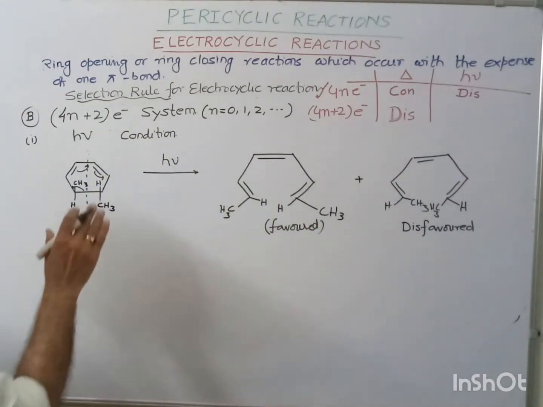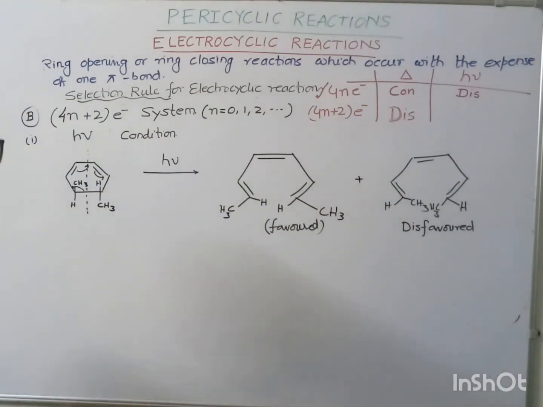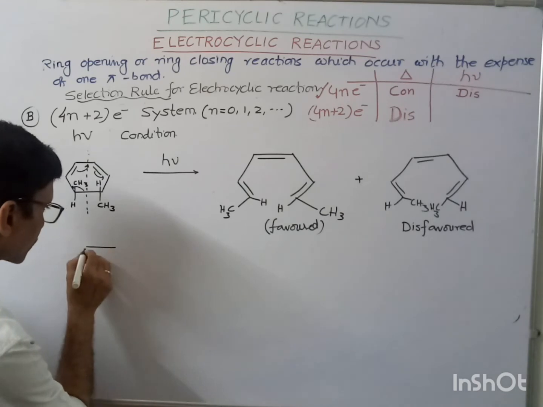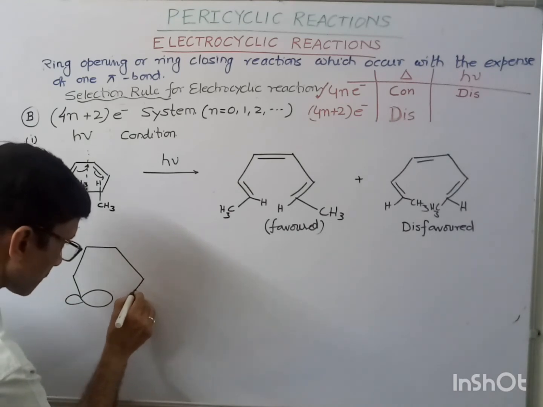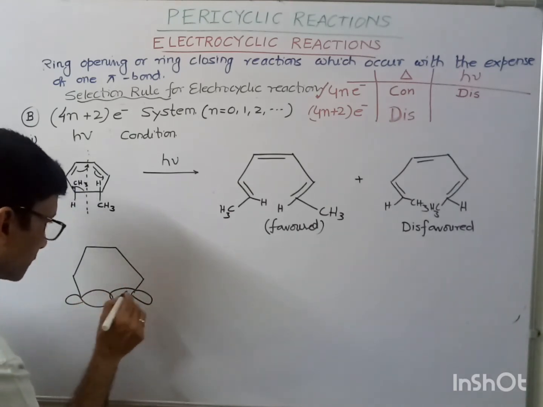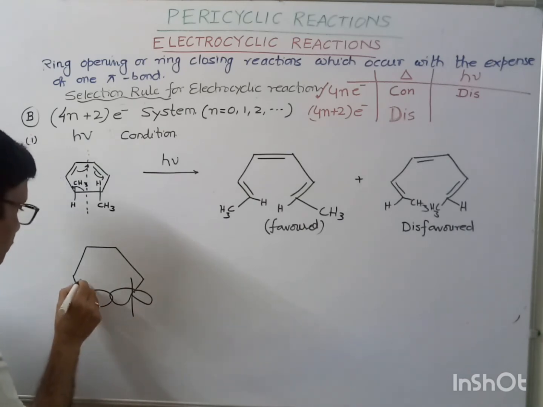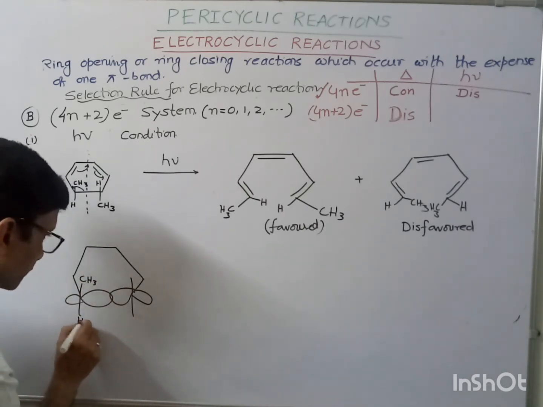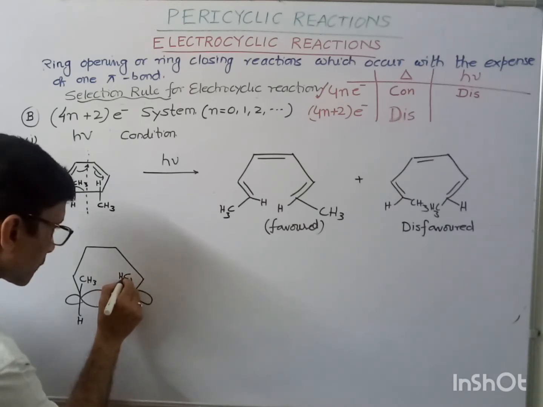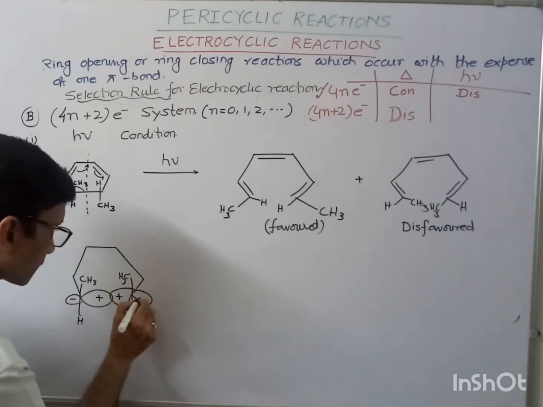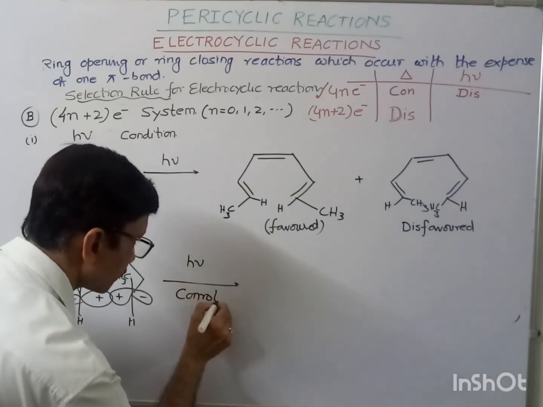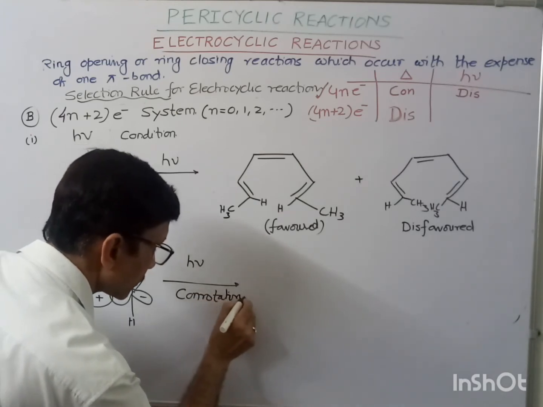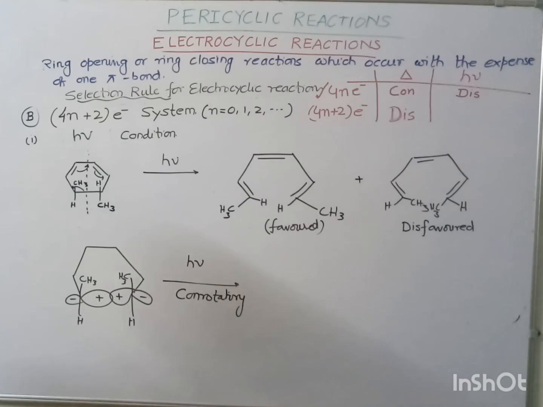Now, such a product can only be obtained when the orbitals undergo conrotatory motion. Under conrotatory motion, what will happen?